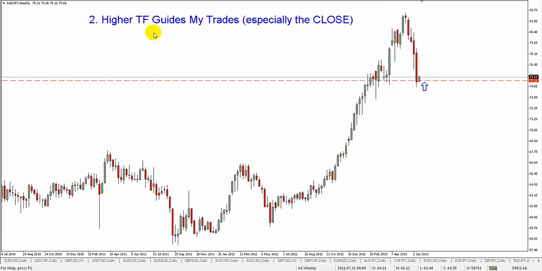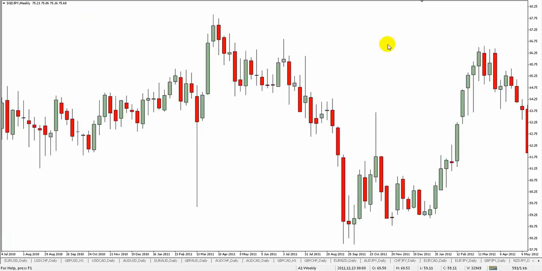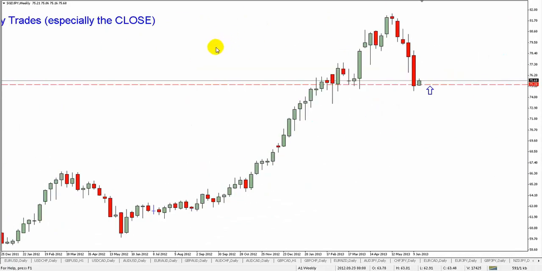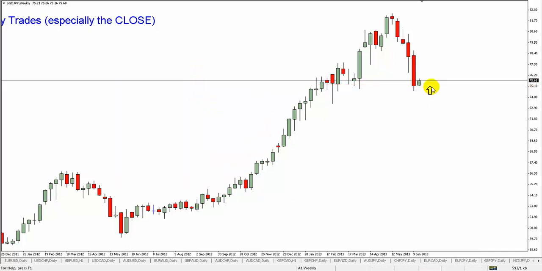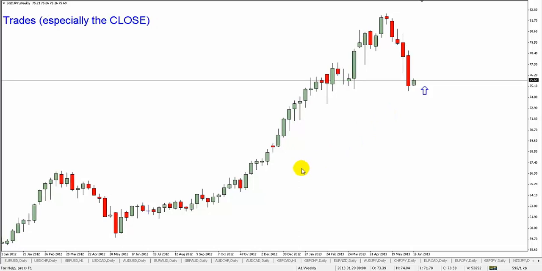Now, does anyone have a guess? If I were to zoom in on the recent price action here on the weekly chart, and I'm going to take this off because I don't want to confuse anybody, where do I think the most important closes are on this chart? You could probably make 2 here.